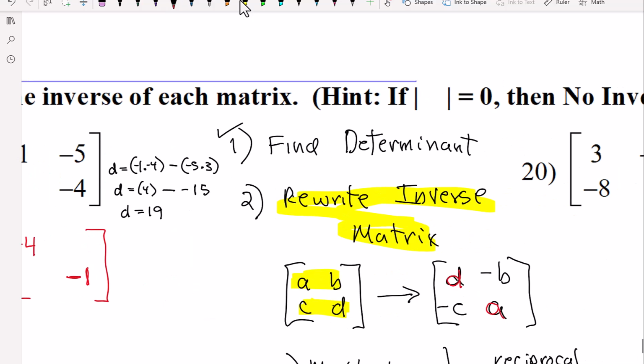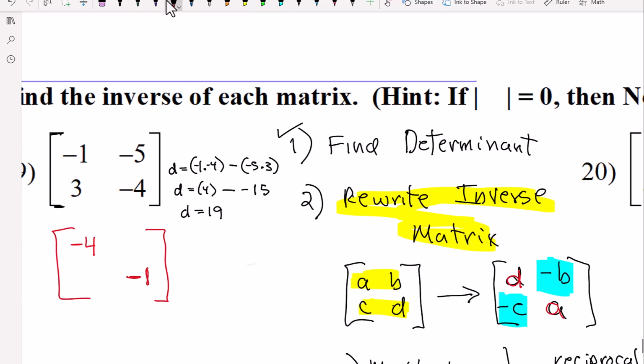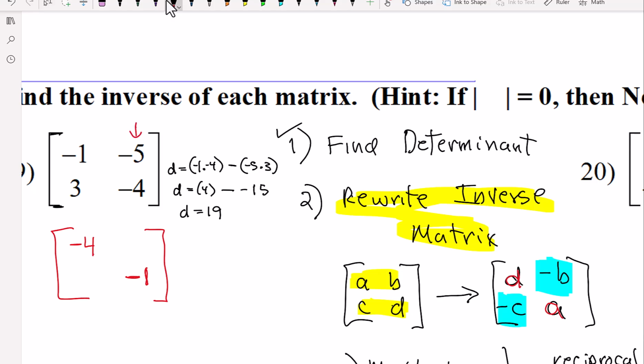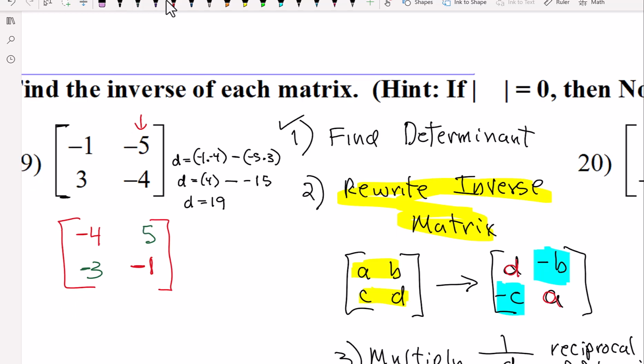And then the original B and the original C, they're just going to be multiplied by negative 1. So when we multiply negative 5 by negative 1, we get positive 5. And then we've got negative 1 times 3. All right, so now we have the inverse matrix.